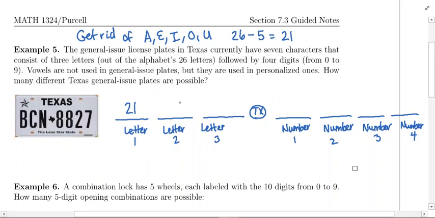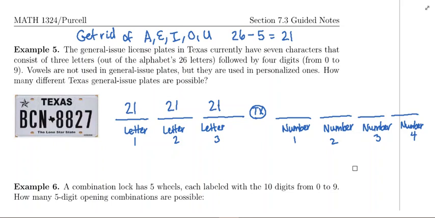So for letter number 2, you're going to have the same choices, the 21 consonants of the alphabet. So 21 options for letter number 2, and for letter number 3, you also have 21 options. There aren't any restrictions on the letters except for the vowels being taken out.